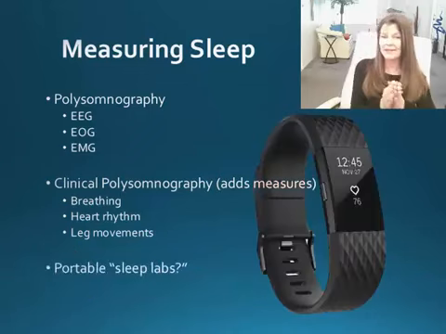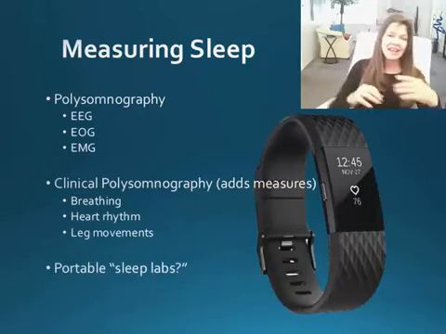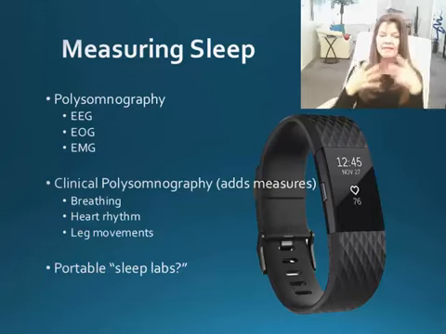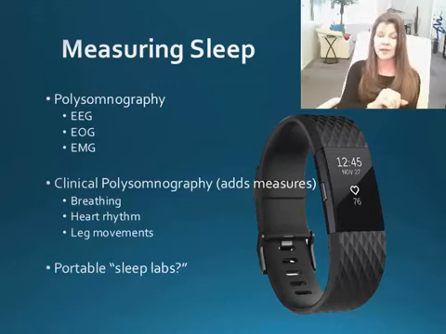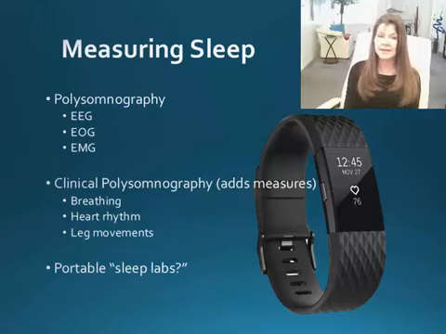Now we're able to send participants home with portable equipment at times, such as masks that collect data over many nights on breathing and oxygen levels. Even watch-like devices like Fitbits can measure duration and distribution of sleep. They work adequately for some cases, but in most cases, the accuracy and precision of measurement of the sleep lab is needed.